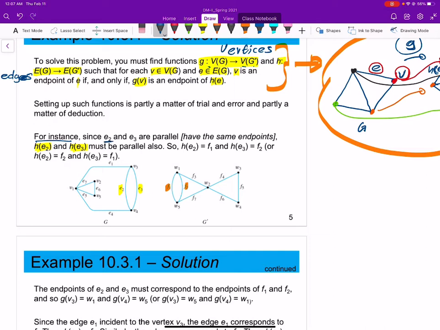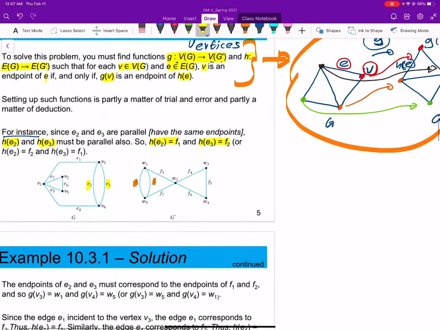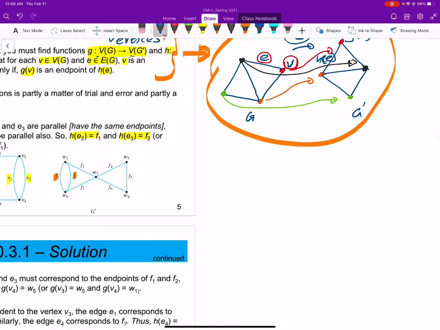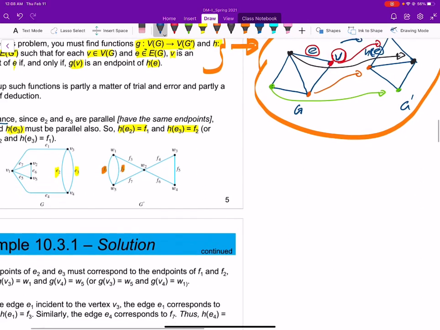That's explained in this paragraph. Since E2 and E3 are parallel, hE2 and hE3 must be parallel also. So hE2 equals F1, hE3 equals F2. Let me find this mapping right here. The graph G has these vertices. I'm going to write them down in a set.